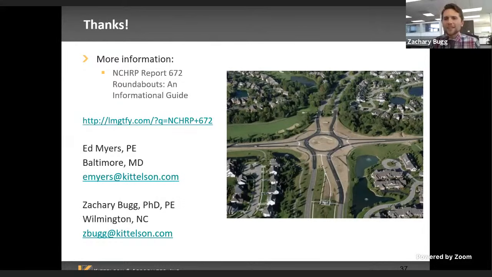Yeah, that's a good point. I've had that come up especially with large ladder trucks and roundabouts near fire stations. I would say that if you're going to do a roundabout near a fire station, definitely get the specifications of the fire truck and make sure the fire chief is on board.